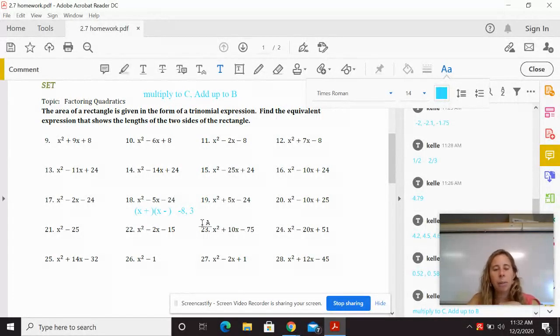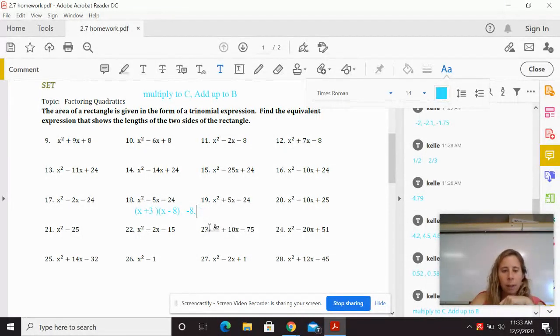Negative 8 times 3 is negative 24. Okay. And then negative 8 plus 3 is in fact negative 5. So there is your answer. X plus 3, x minus 8. All right. So you just have to keep trying factors of c until you find factors that add up to this middle number. So let's do another one.